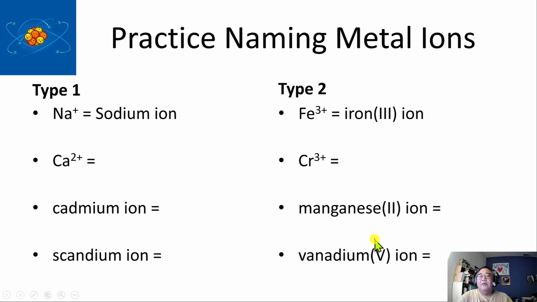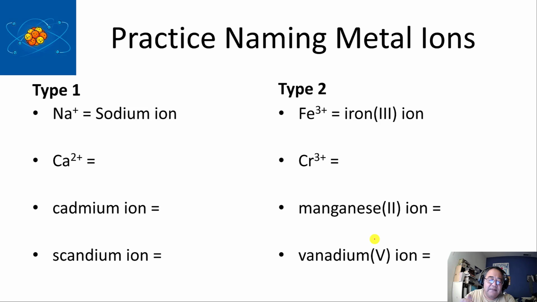So now what we can do is practice writing some of the ion names, right? So for example, sodium ion, because it's in group 1, right? It's type 1, it's in group 1. We just say sodium ion. But for iron, which is not type 1, it's a type 2, right?